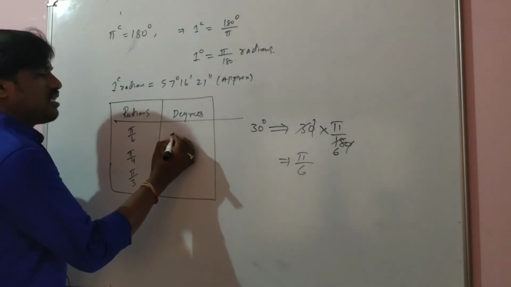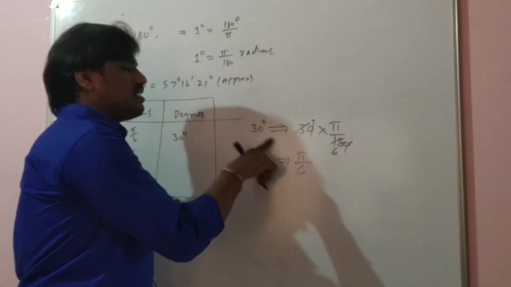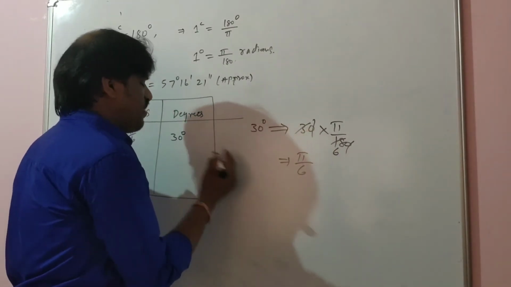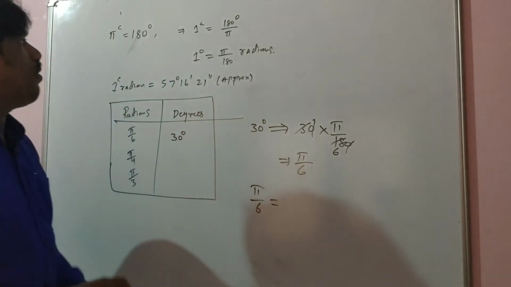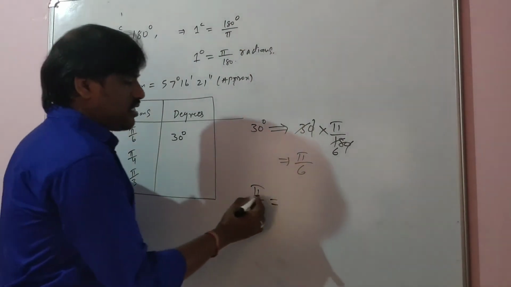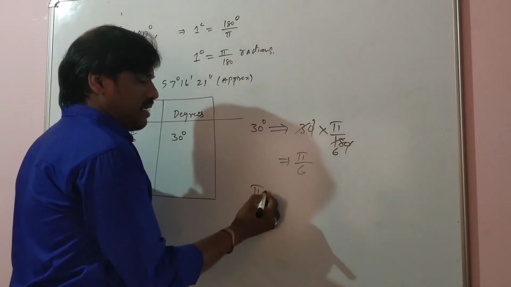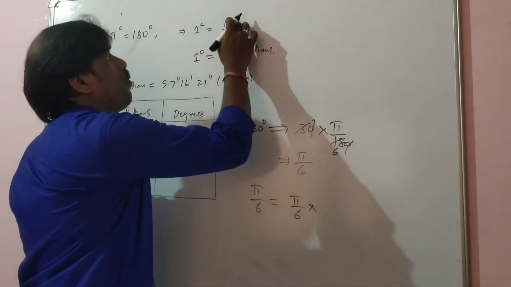So pi by 6 is how many degrees? 30 degrees. If I convert 30 degrees to pi by 6, then to convert pi by 6 into degrees, 1 radian is equal to 180 by pi. So pi by 6 radians means pi by 6 into 180 by pi.